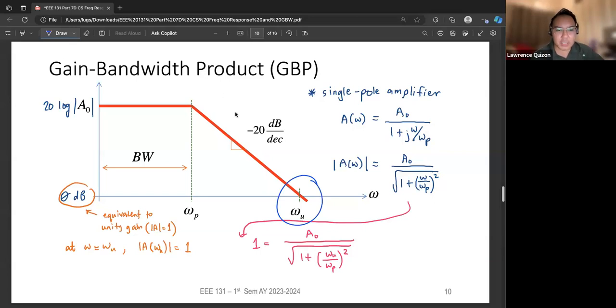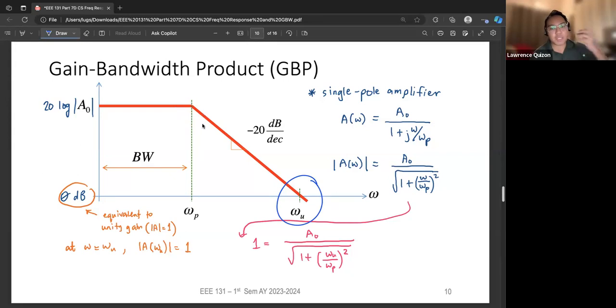So other definitions, before the first pole, we call that the bandwidth of the amplifier. No, a range of frequencies is called the band. It's the band at which you want to use the amplifier. That's your bandwidth. And before the first pole, that's your bandwidth.